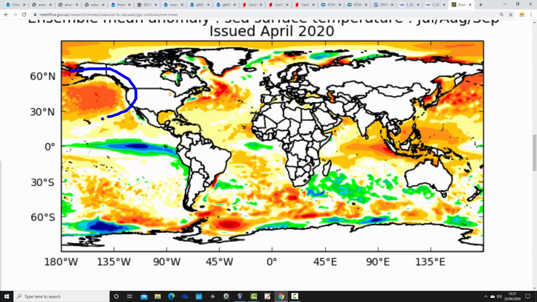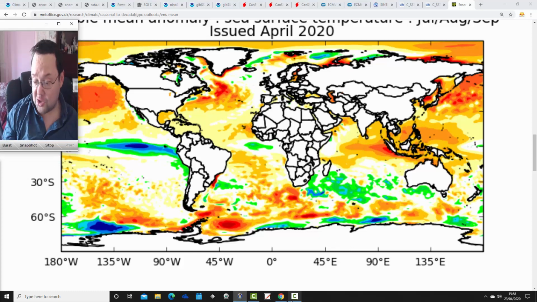Does look a little bit strange given how warm overall the Pacific Ocean is. So look at all this red and orange that we've got in the northern Pacific and over here and down there as well. Generally the Pacific Ocean looks quite warm there, and then we have that very strange sort of strong La Nina signature in the middle in the Equatorial Pacific. Normally, if you had a strong La Nina, you would expect the Pacific overall to be quite cold.